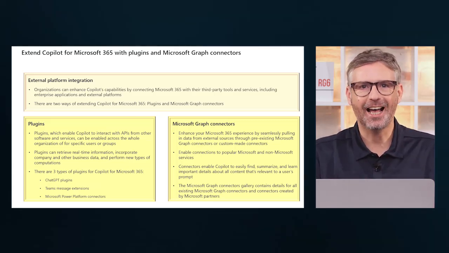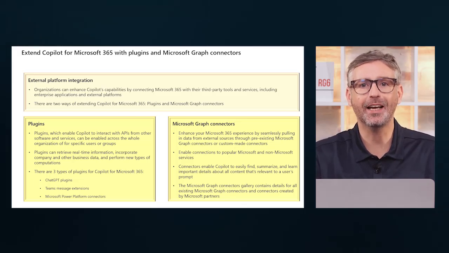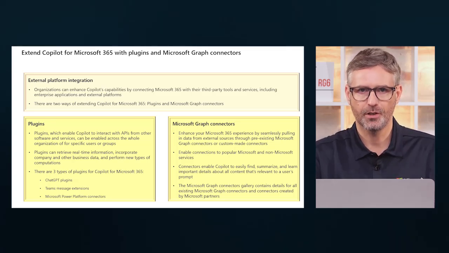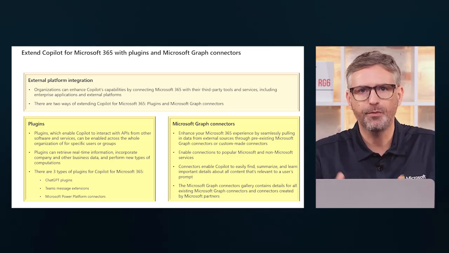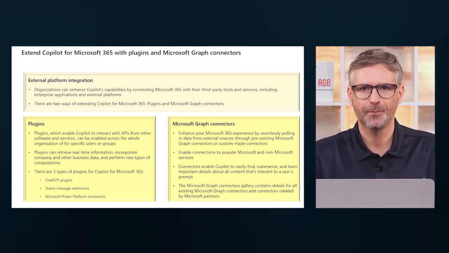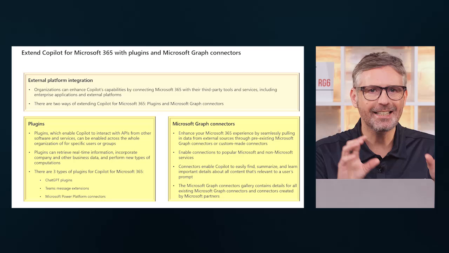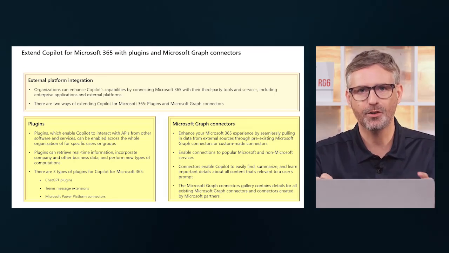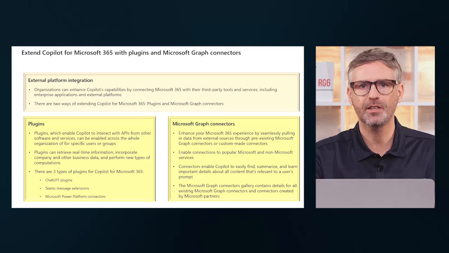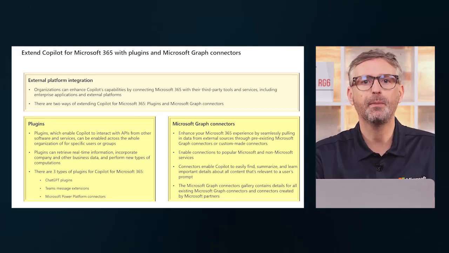Plugins are tools that augment the capabilities of our AI systems, enabling them to interact with APIs from other software and services to retrieve real-time information, to incorporate company and other business data, or perform new types of computations. Developers can integrate their applications and services into Microsoft 365 Copilot with plugins to reach hundreds or millions of people where they work every day.